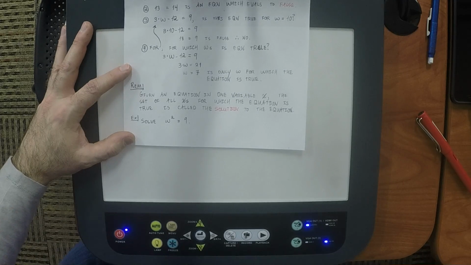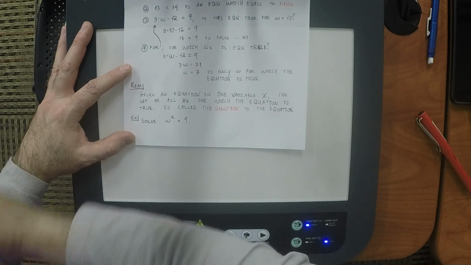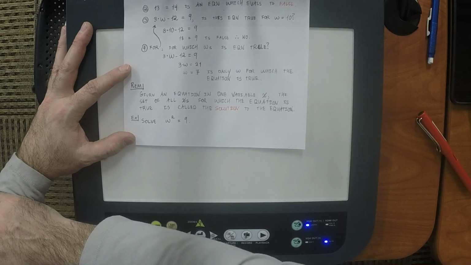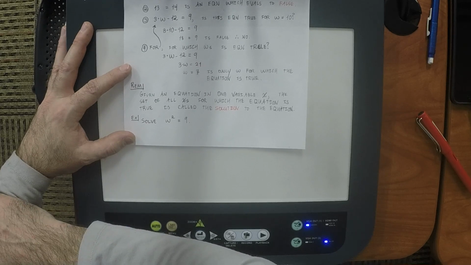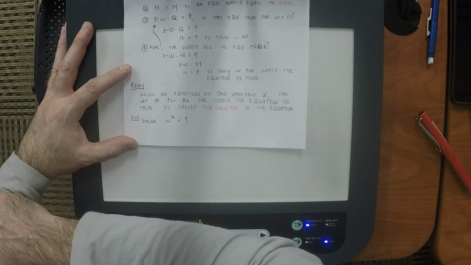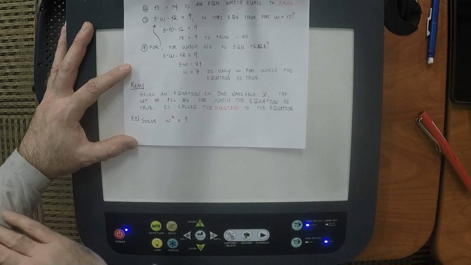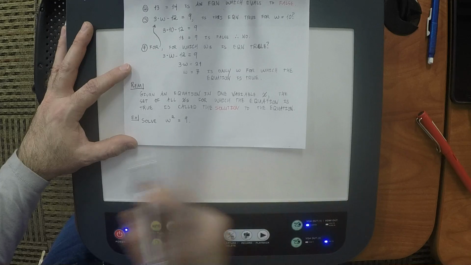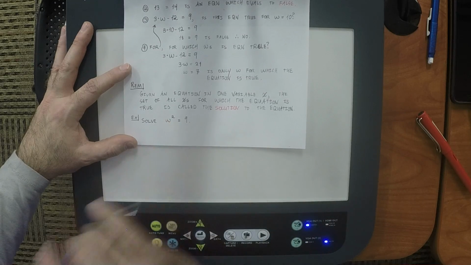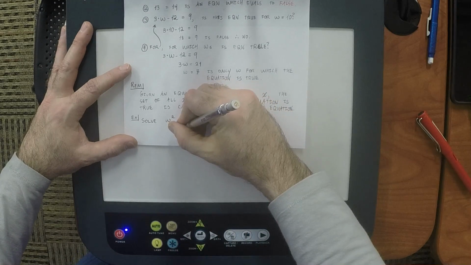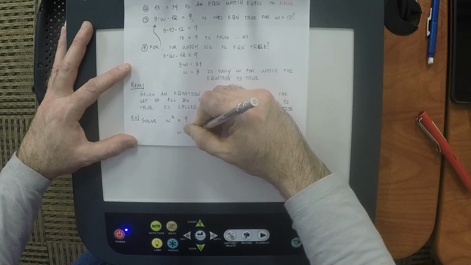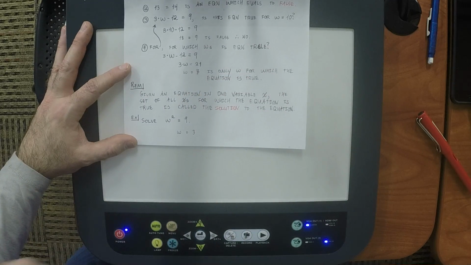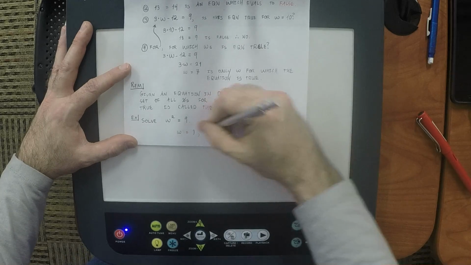So what I'm requesting is for you to report back to me all of the w's such that when you plug in that w, the resulting equation is true. And I just want you to tell me the answer. Okay, good. 3 would work because 3 squared is 9, and negative 3 also squares to 9.